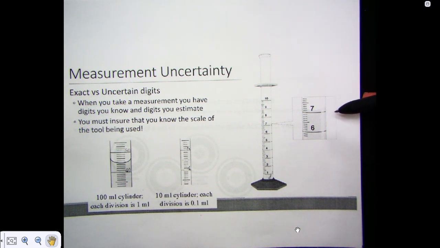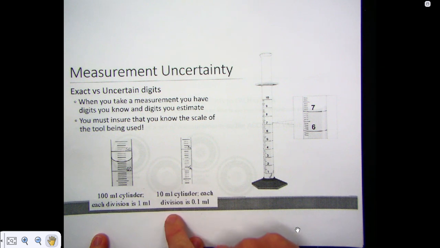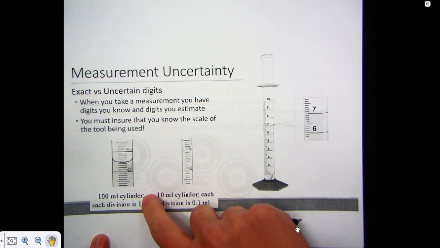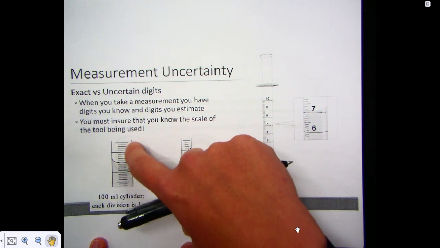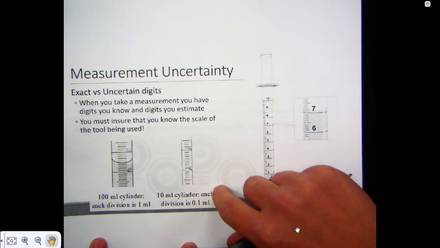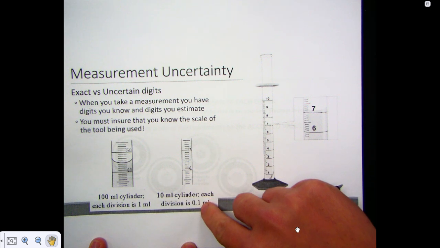It's important when you are estimating your digits to know the scale of the tool that's being used. So for example, here we have two pictures of two graduated cylinders. You have a 100 ml graduated cylinder where each mark is 1 milliliter. You have a 10 ml graduated cylinder where each mark is 0.1.